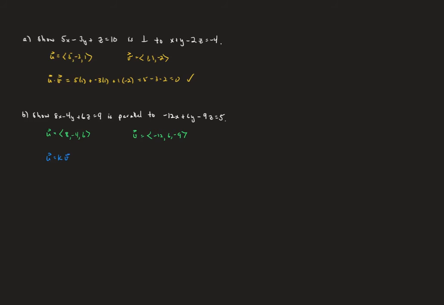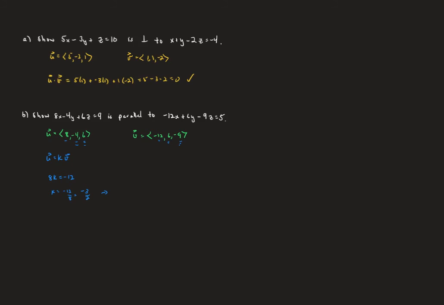So to do that, I would just pick out one of the components. So can we show that 8 times some number is equal to negative 12? And if we solve that for k, we'll get negative 12 eighths, which is negative 3 halves. So if the other components are that same multiple, then the vectors are multiples of each other.